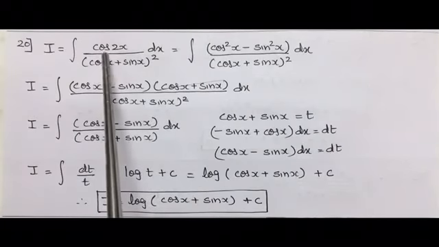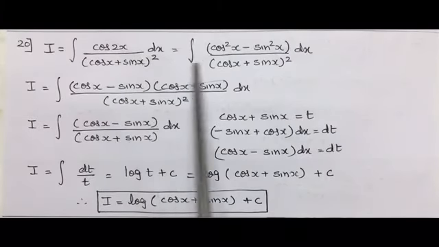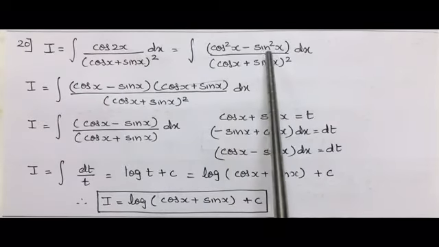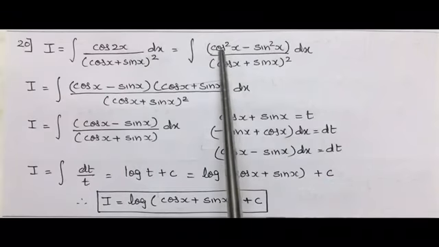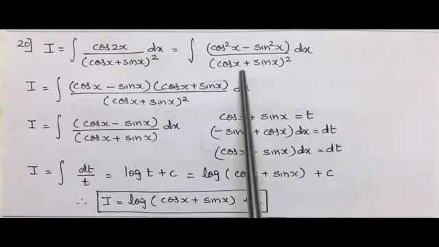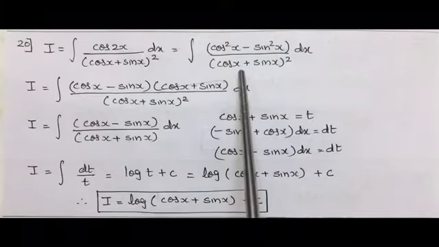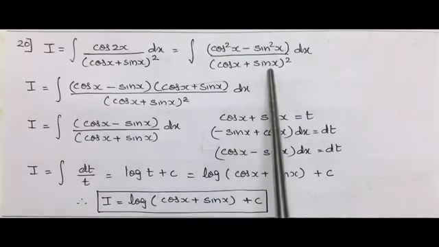So the best formula for cos 2x to be used here is cos square x minus sin square x. That means both cos and sin we have used. Reason is in the denominator both cos and sin are there.